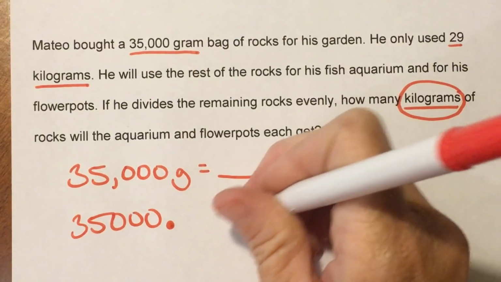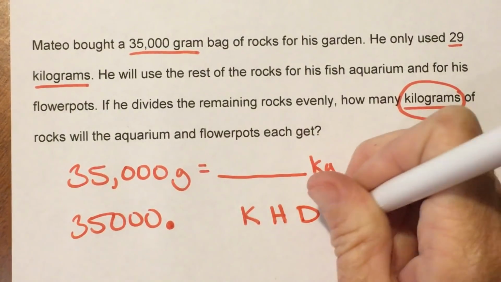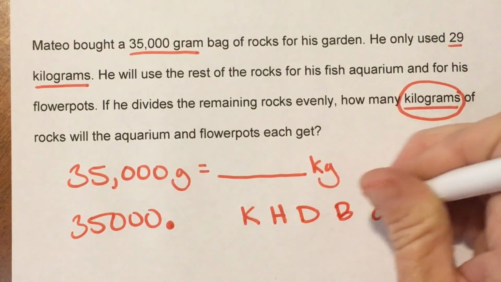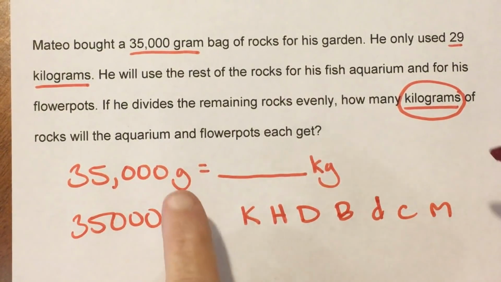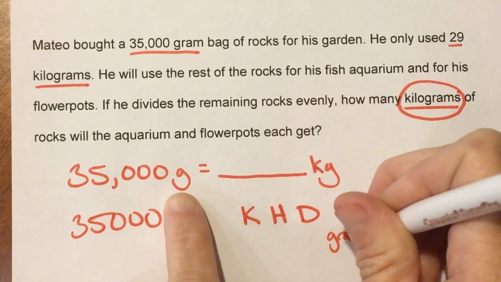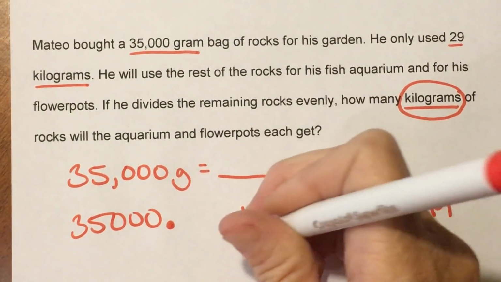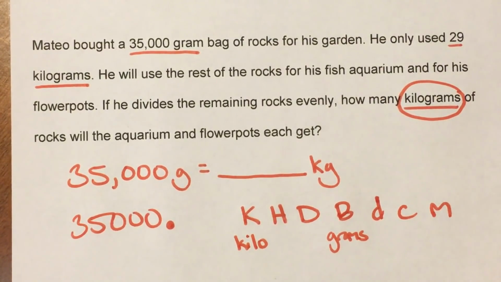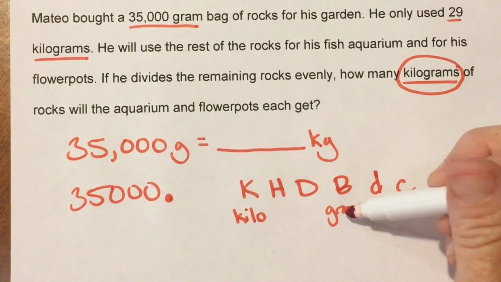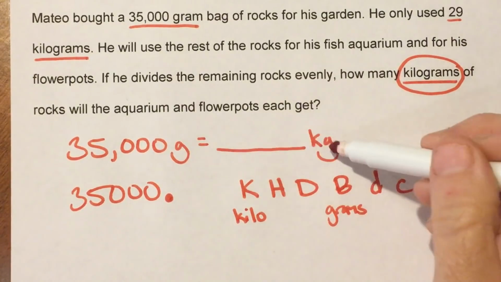Okay, so let's set up our King Henry Died By Drinking Chocolate Milk. And the measurements I'm using are grams, which is my base measurement, and kilograms. So for this problem, I'm going to be going from grams to kilograms.